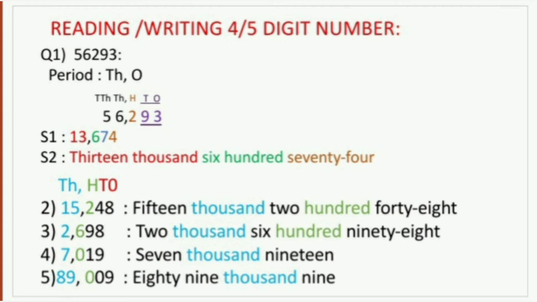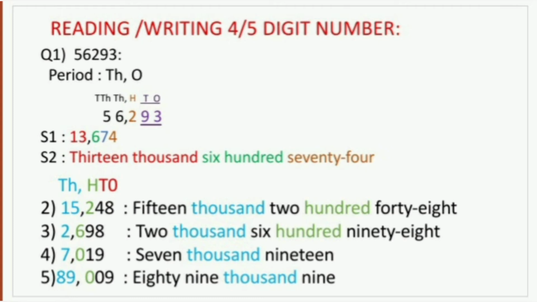Now the digit in the hundreds place, just read it out and add 100 to that. That is 200. The last two digits you have to combine and read together. That is 93 becomes 93. So 56,293. The last 3 digits you have to read as we were reading a 3 digit number.